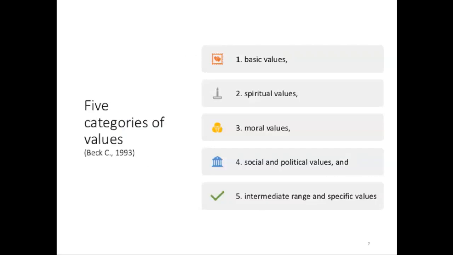So everybody has basic values and spiritual, but we wanted to discuss the social and political values that play a role when the policymakers and the society make decisions. So this is important to be clear with those 2 big definitions.